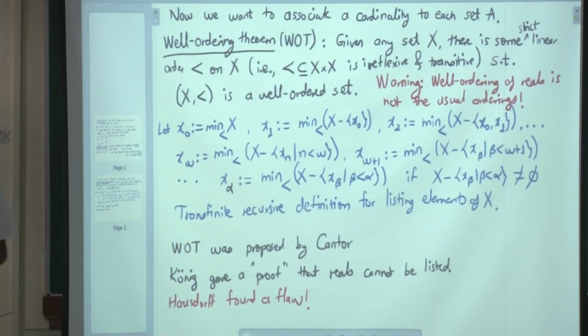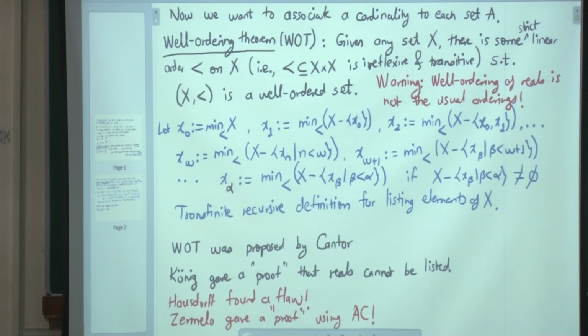So now what to do? So eventually Zermelo-Frankel set theory gave a proof using the axiom of choice.